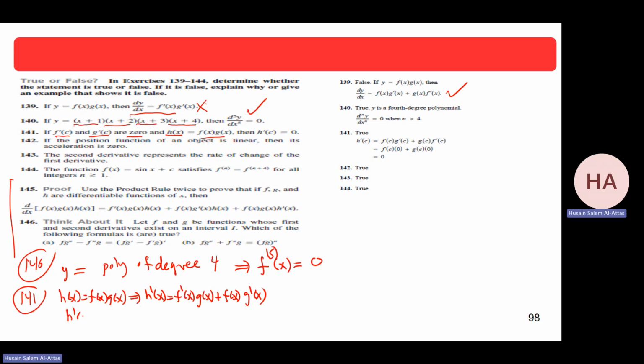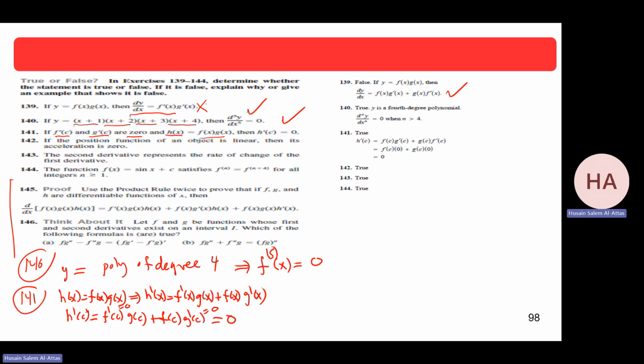So h prime at c will be f prime at c, g at c, plus f at c, g prime at c. This is 0, this is 0. So 0 by any number plus a number times 0, the result is 0. So this is also correct.